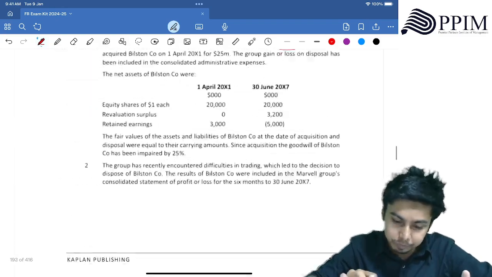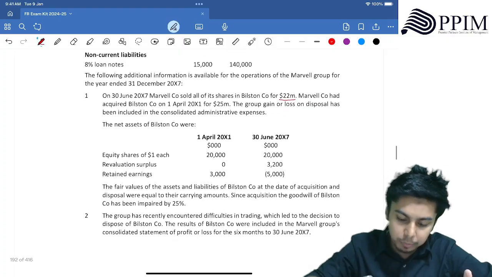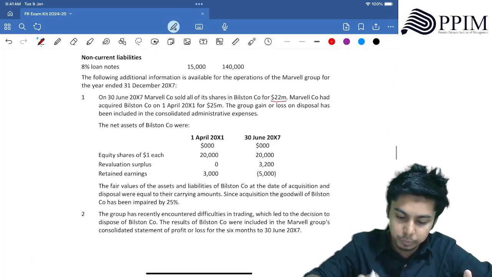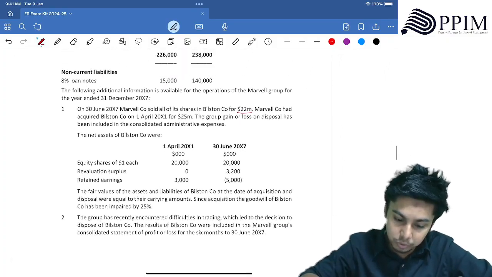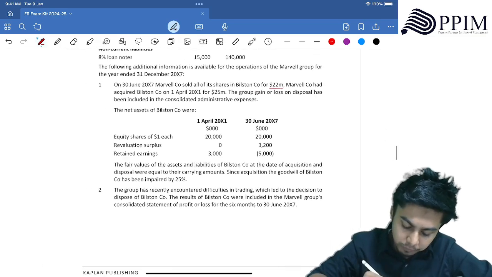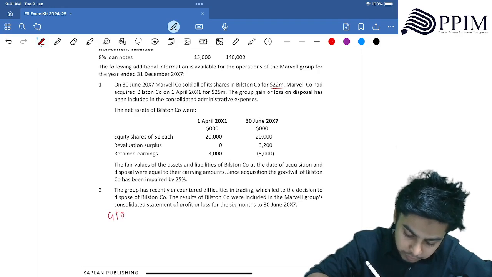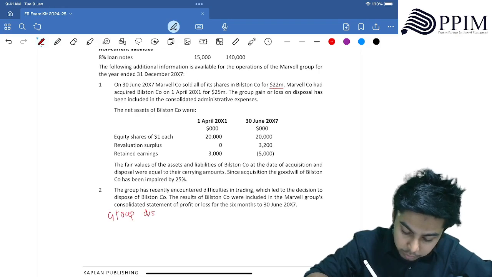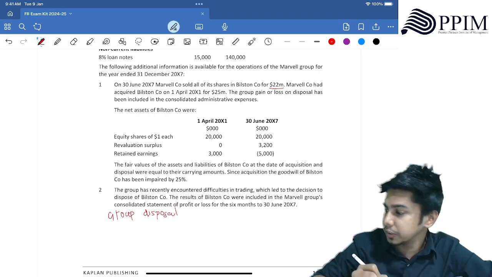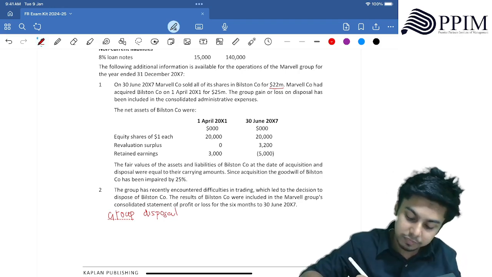Can you start marking this with me now? Put the heading. What are they asking you to do? They are asking you to do group disposal. Can you write the equation faster? Requirement A, group disposal. How do we calculate group disposal? What's the equation?